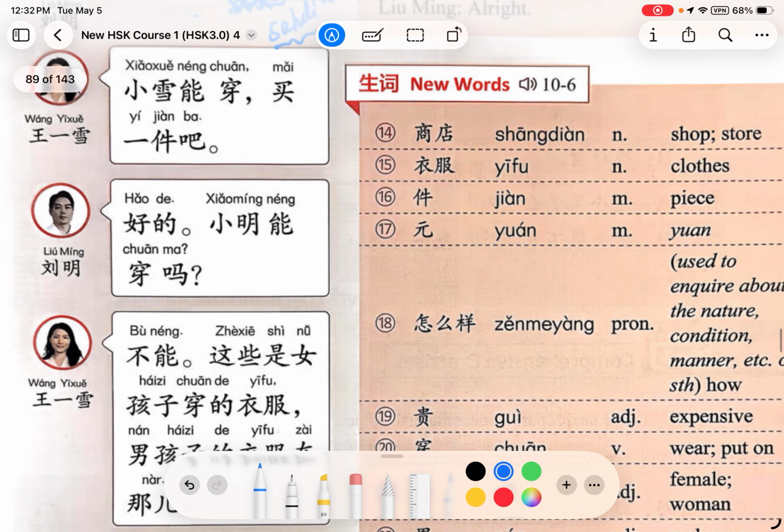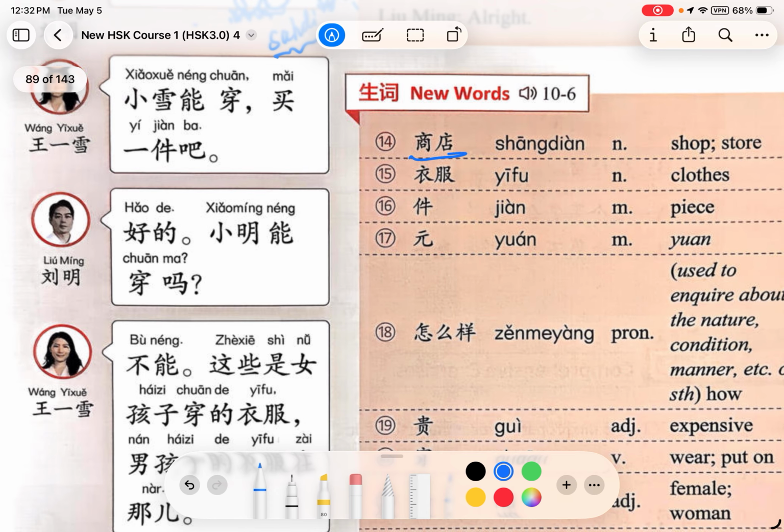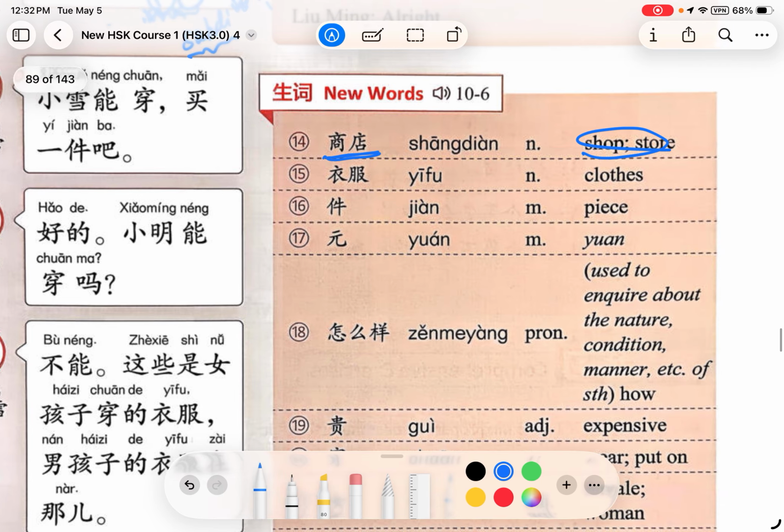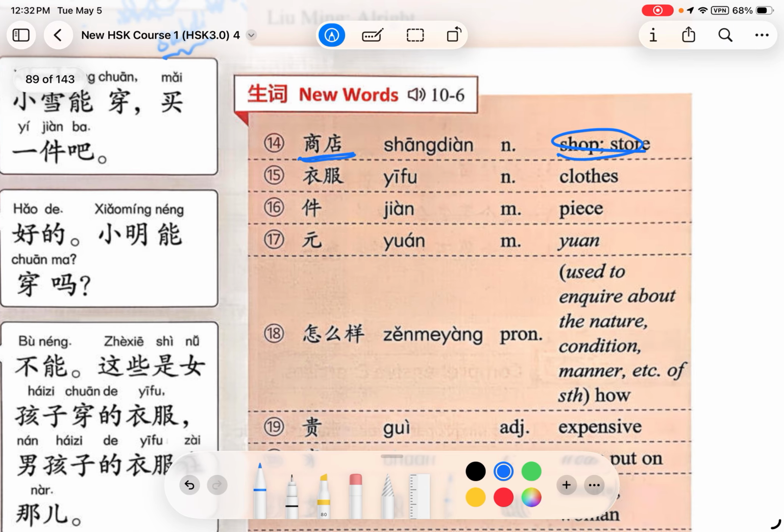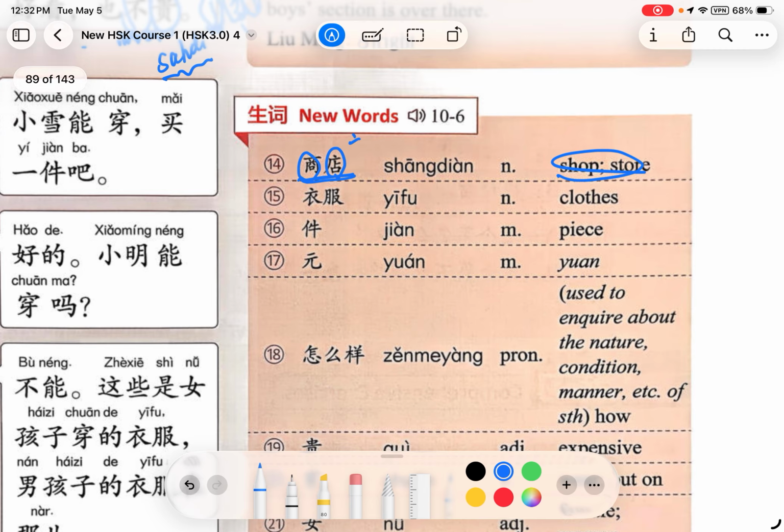Okay, here are the new words. The first one is 商店, shop, store. 商 means merchandise, and 店 is a suffix. It means shop. So we have all kinds of 店.